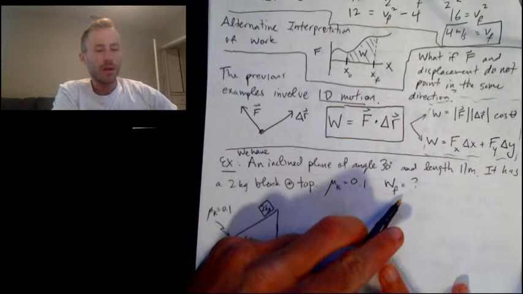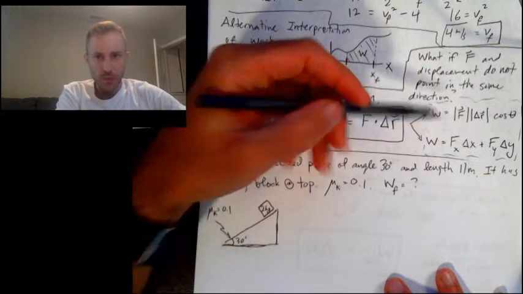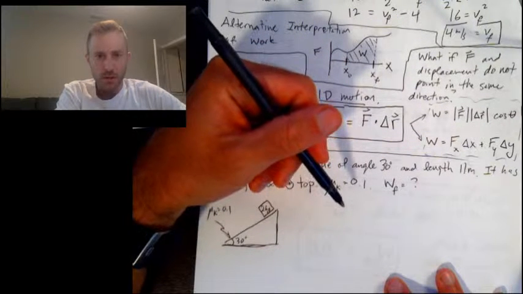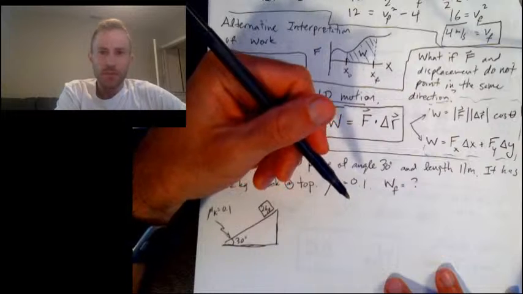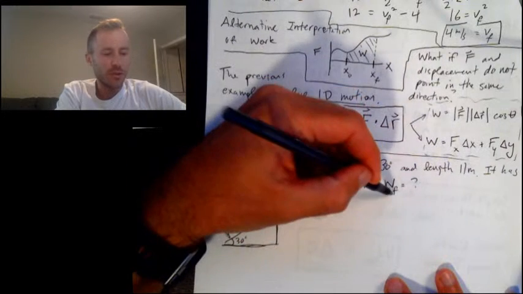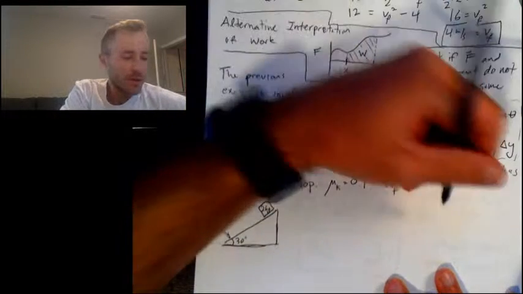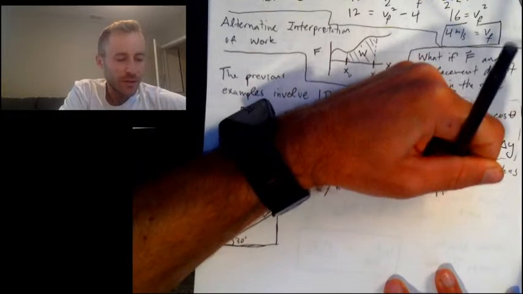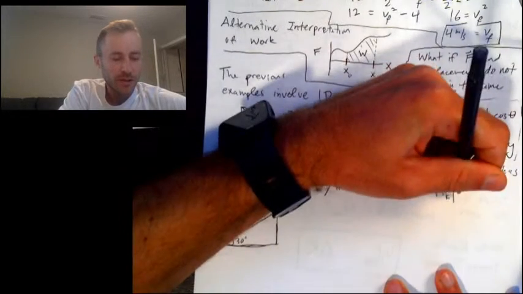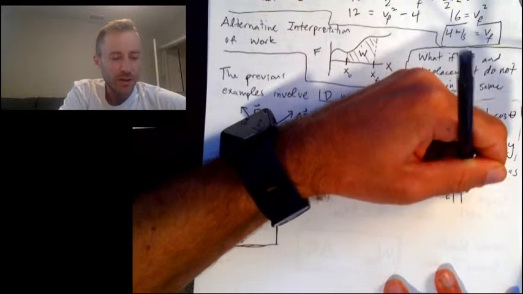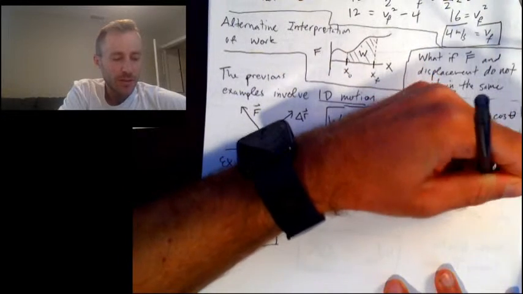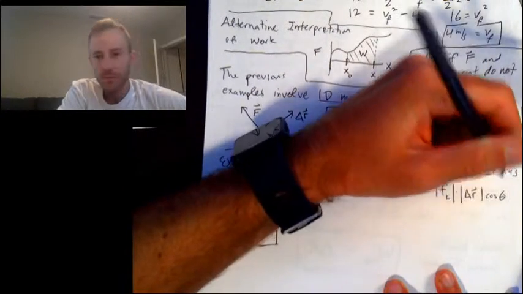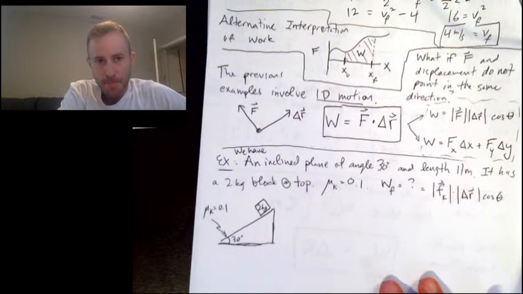I'm going to be using this first form of work. Because I want the work done by the friction force, I'm going to do the magnitude of kinetic friction times the magnitude of the displacement times the cosine of the angle between them.